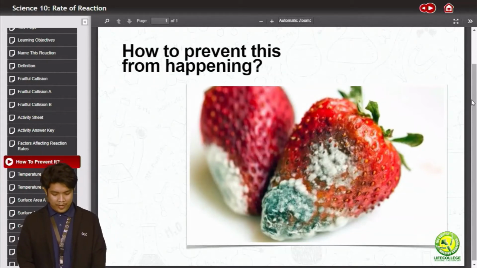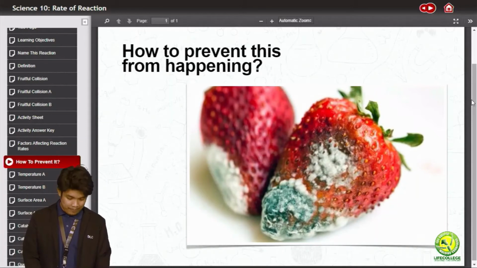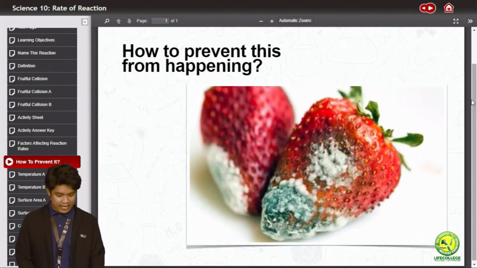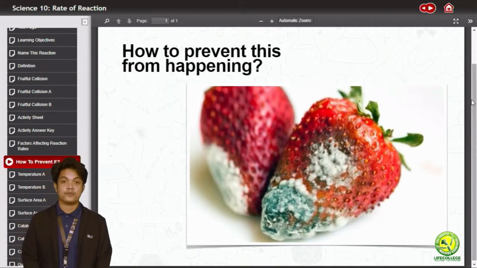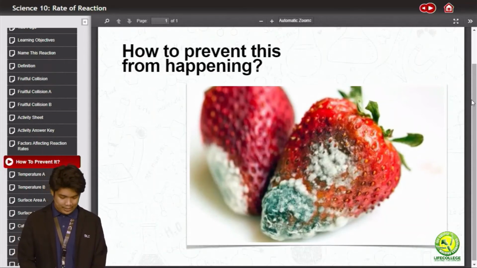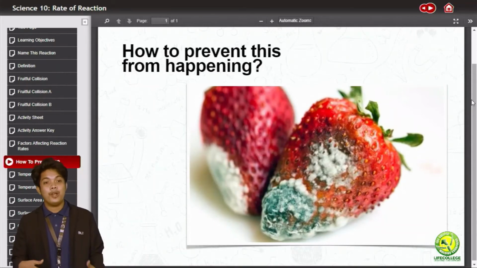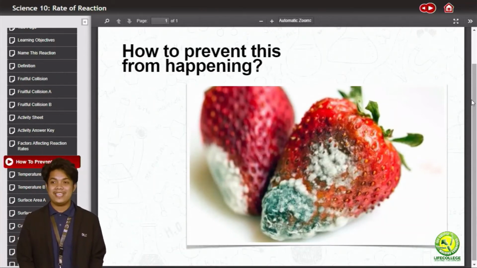Ray answered, put it in a fridge or freeze it. Mike said, lower the temperature. Yes, we usually place food in an area with a low temperature to postpone its spoilage, so that we can eat it when we want to eat it.